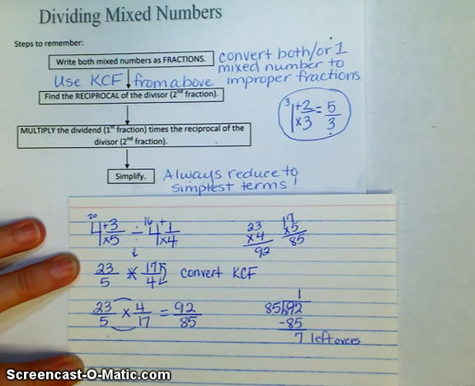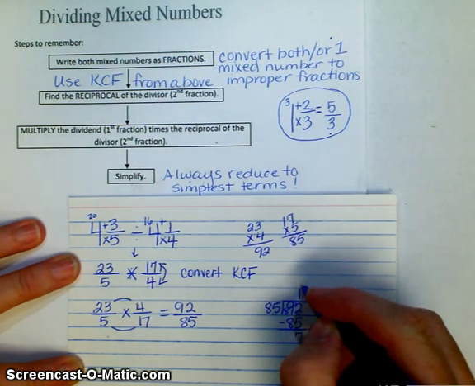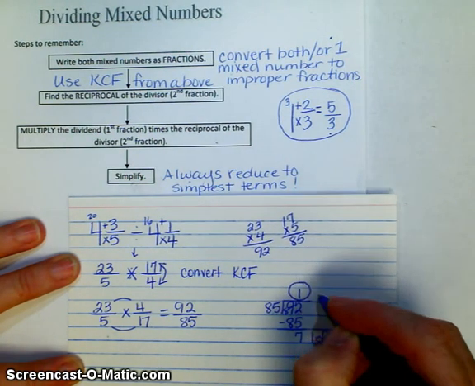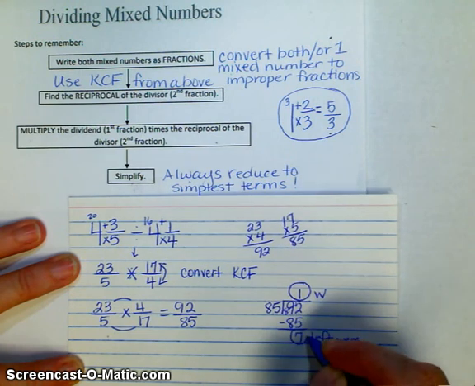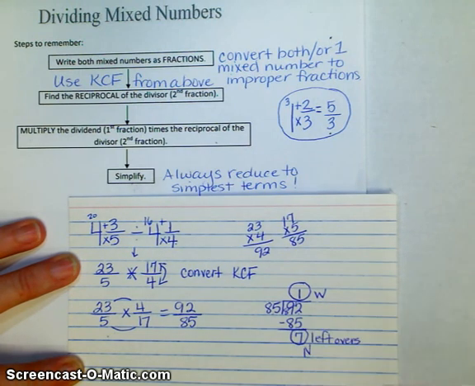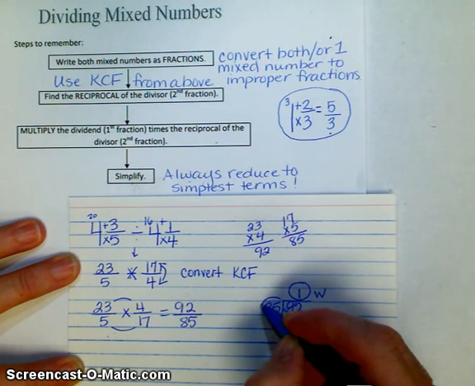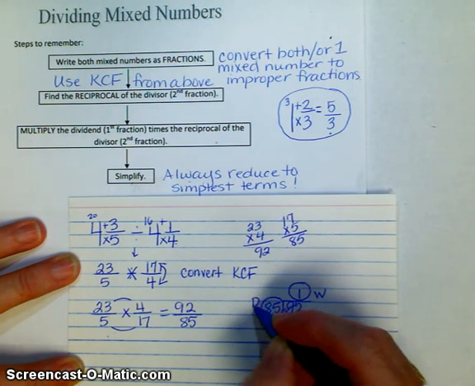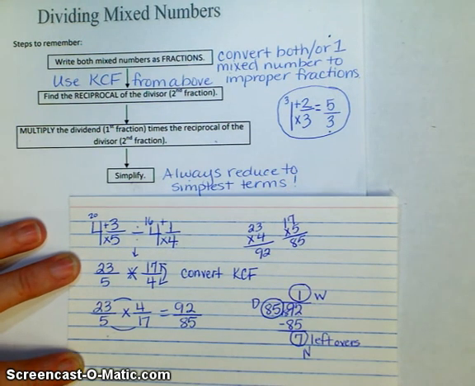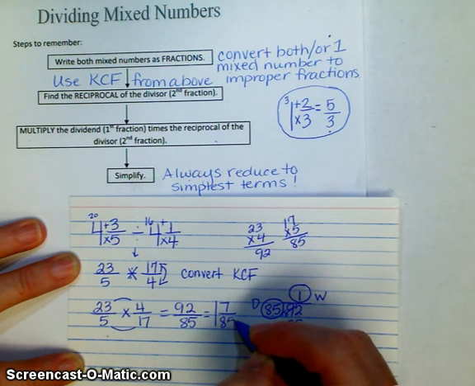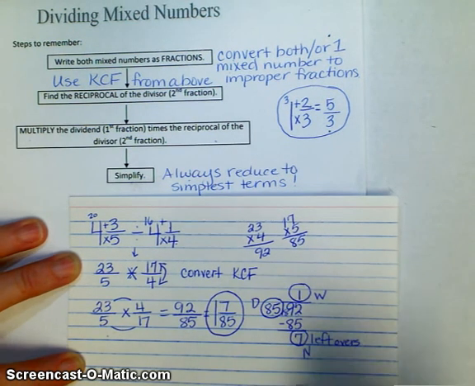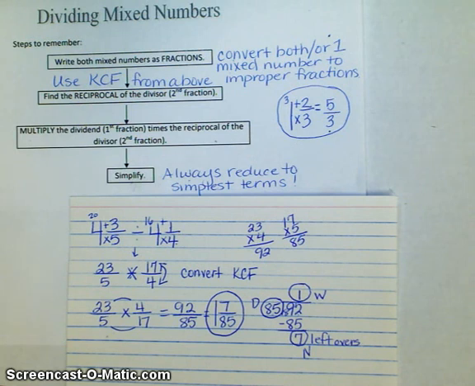If you'll remember from the previous video, I showed you the number that's on top becomes your whole number. Your leftovers become your new numerator, and your constant, which is your divisor, stays exactly the same. So our final answer in these types of problems would be 1 7/85. We cannot reduce it anymore, so that is your final answer.